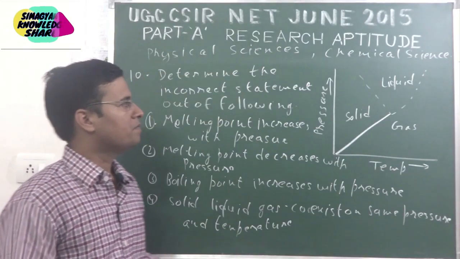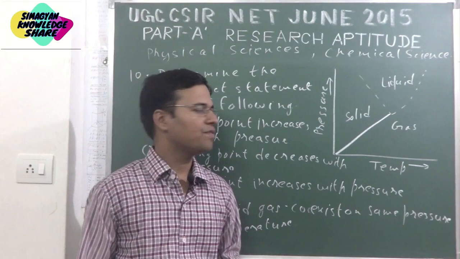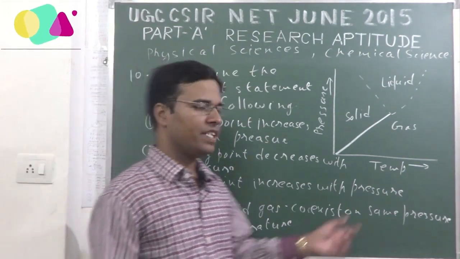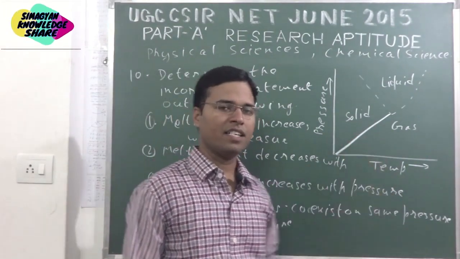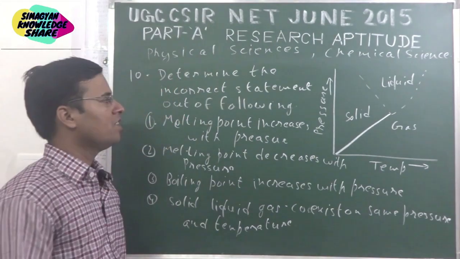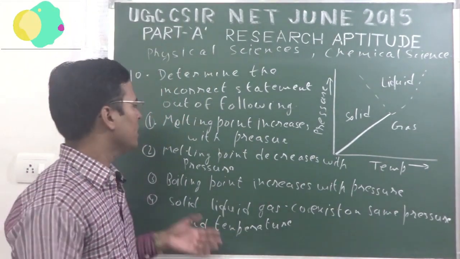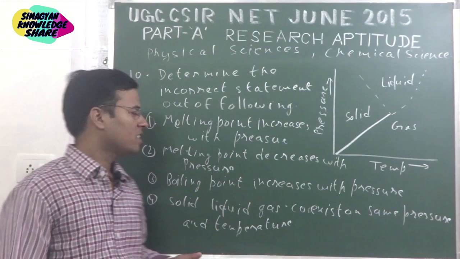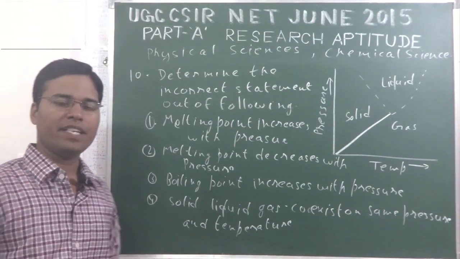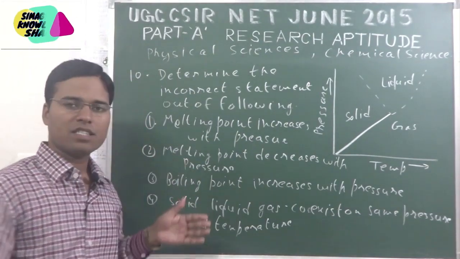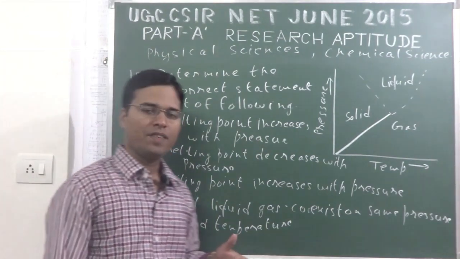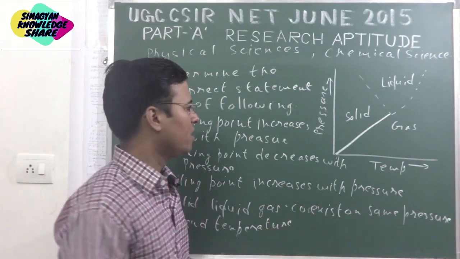In the given problem, there is a graph of states between temperature and pressure for some element. We would have to determine the incorrect statement from the given statements as options of this problem. First we watch the state curve.